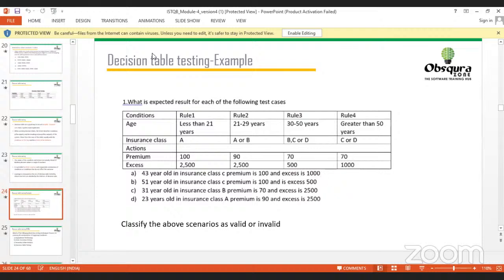Now, similarly, second one, anyone can say whether it is valid or invalid. 51-year-old, insurance class C. Invalid. Yes, 51 comes in the greater than 50 years. Insurance class is C, that is correct, but the premium and excess are wrong. Now, option C, 31-year-old.